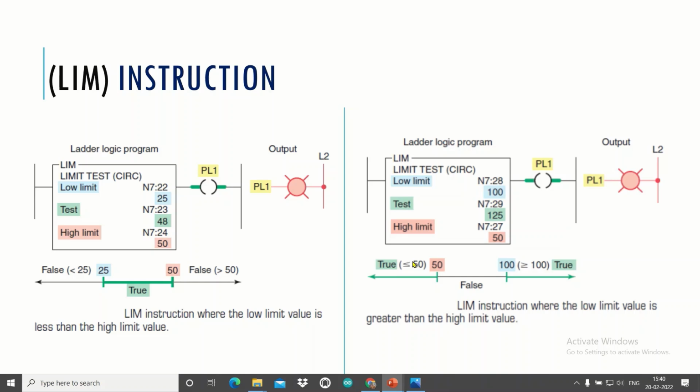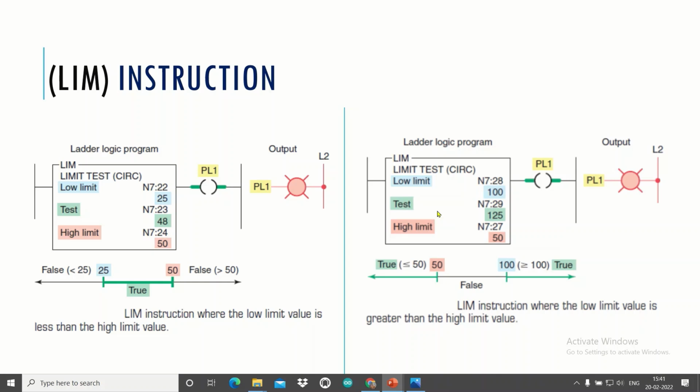When it is lesser than 50. That's why it is called the high limit. Or when this 100 is more than the parameter value, then it will be true.